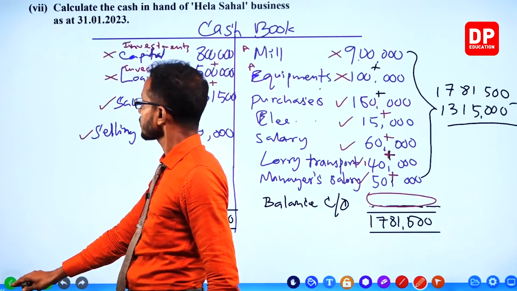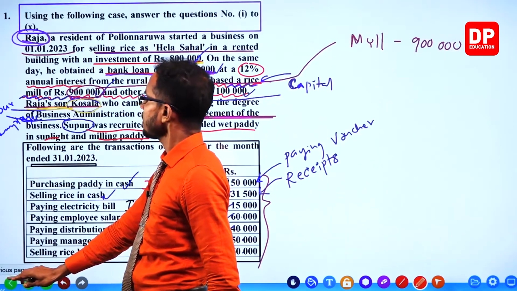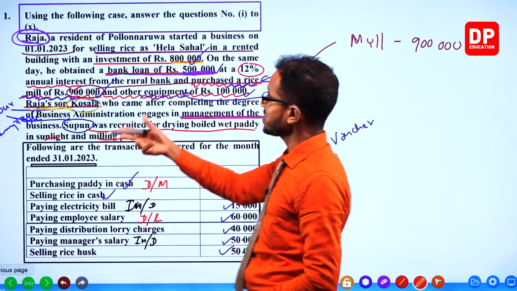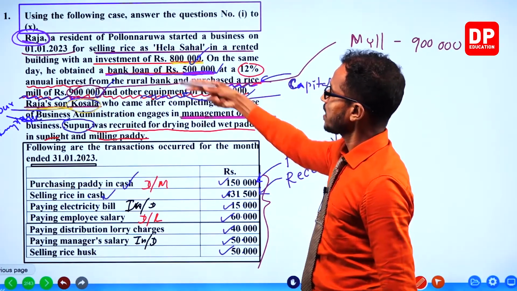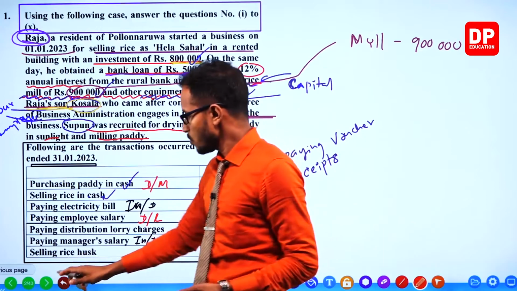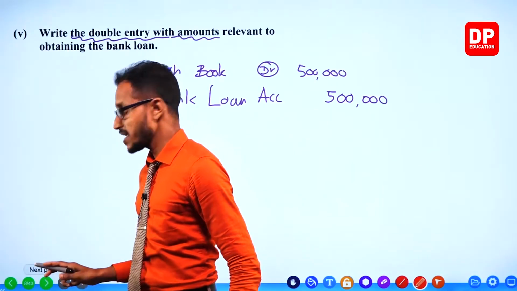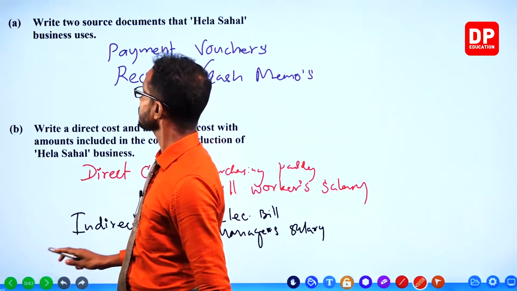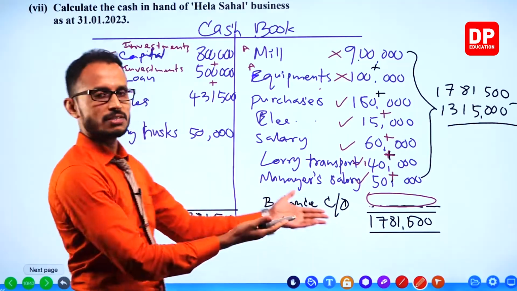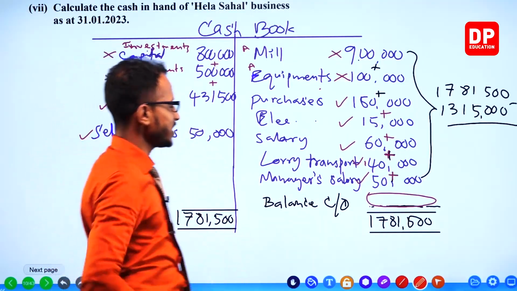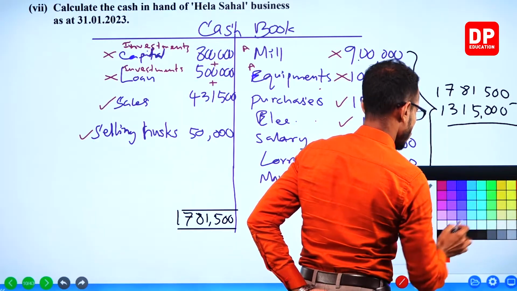Then you have to take the cash balance because a lot of cash has been invested. Raja's investment 800 and bank loan 500. We already entered all those cash incomes and expenses, and we took the cash balance. Where's the cash balance? Here we go, cash balance. Oh, we didn't take the cash balance. I left you to calculate that.